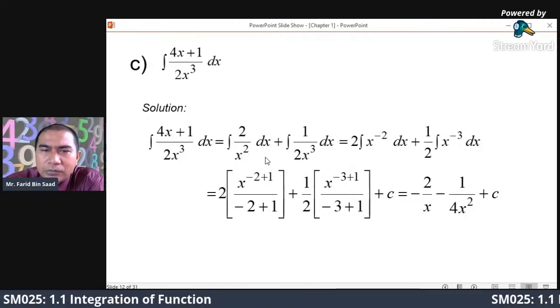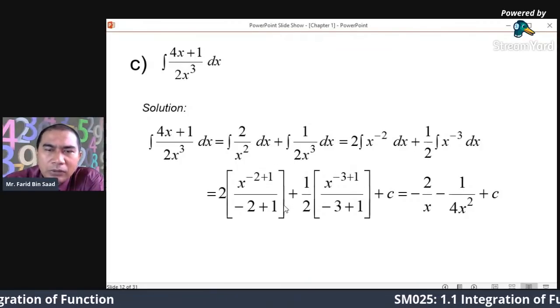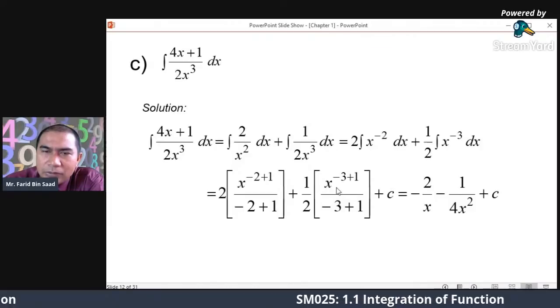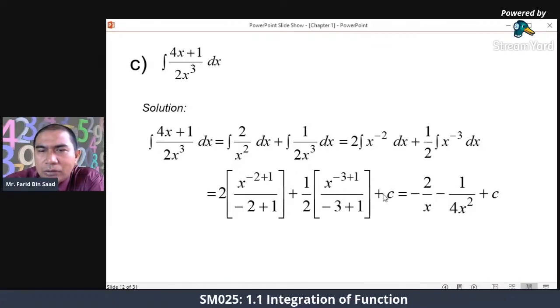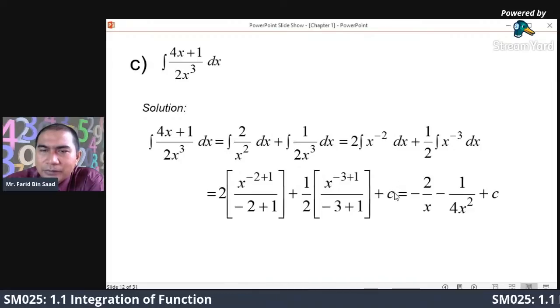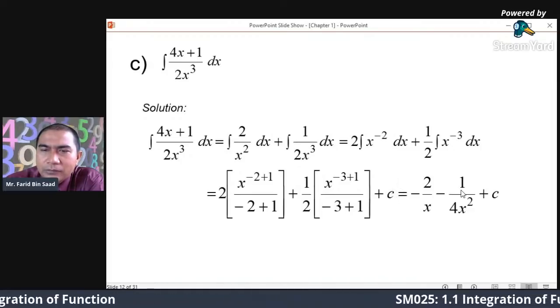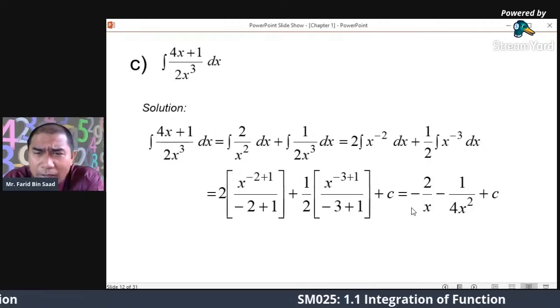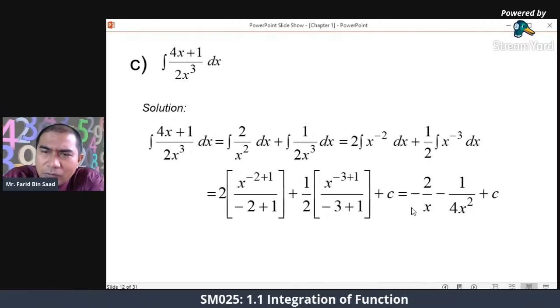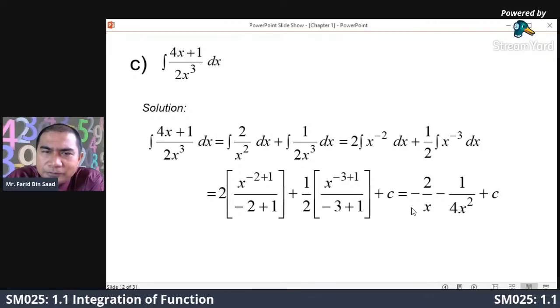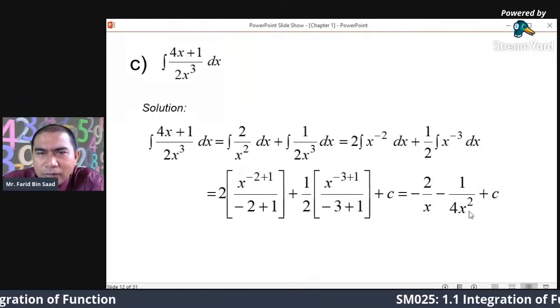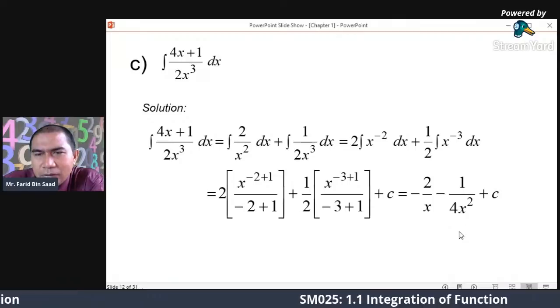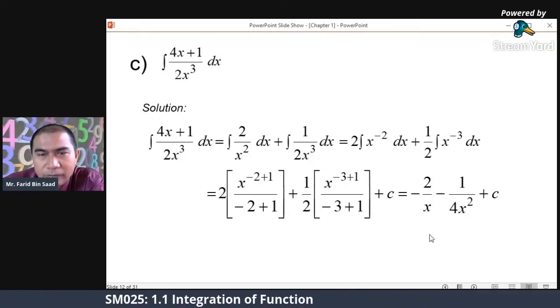Even if we have to integrate 10 terms, we only put one constant, plus c here. And then we simplify it. We get -2 over x minus 1 over 4x squared plus c. Okay. Please screenshot if you have a problem understanding it. Okay. Next.